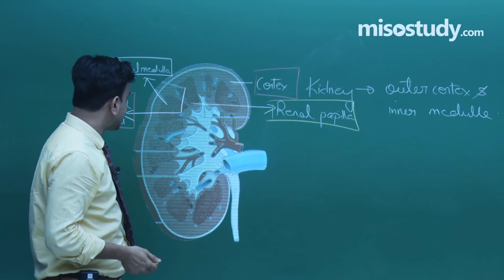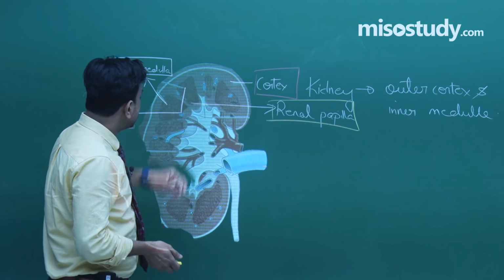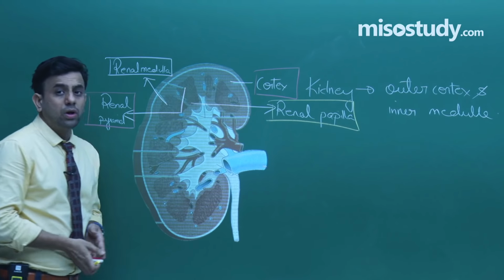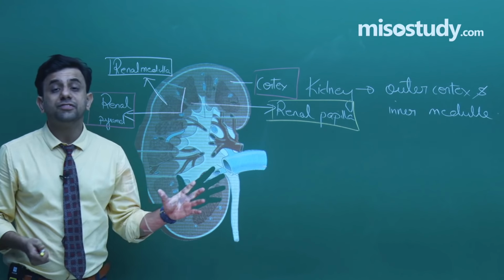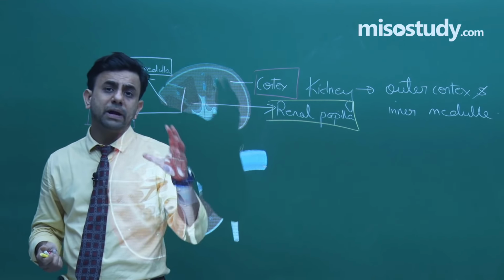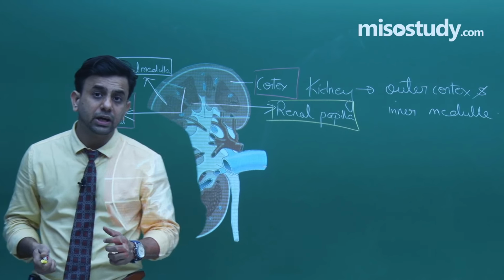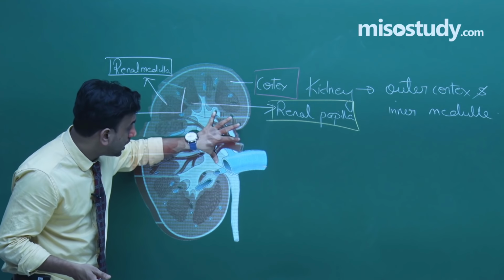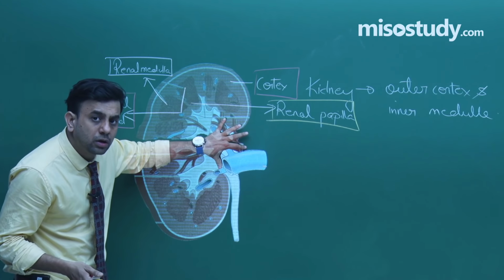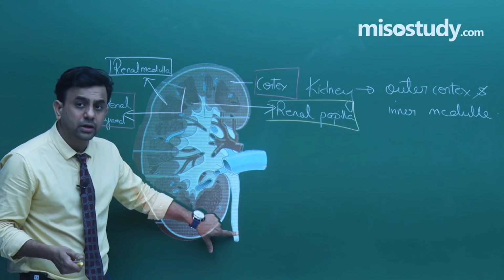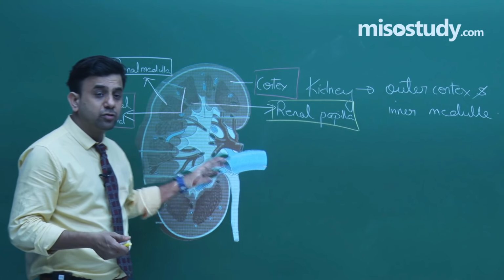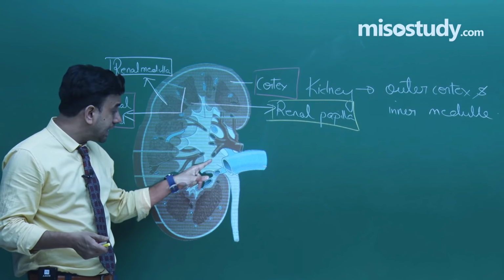Okay, jokes apart, let's come back. Now these renal pyramids are a collection of uriniferous tubules, which are the basic functional and structural unit of the kidney. Here is the pelvis region, and you see the ureter waiting to take the urine. So we are trying to form the urine and drain the urine here.